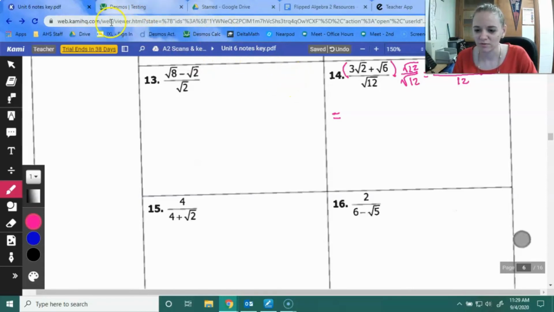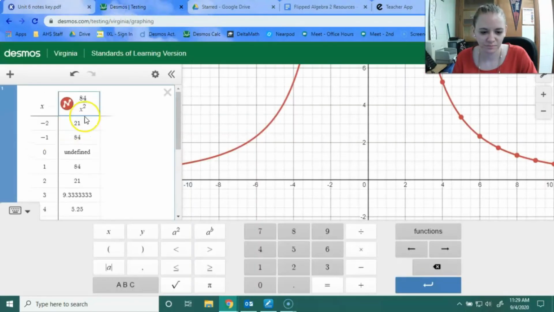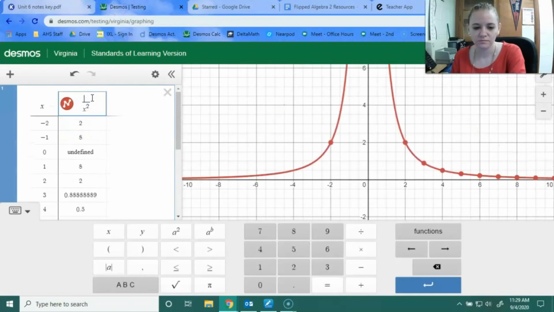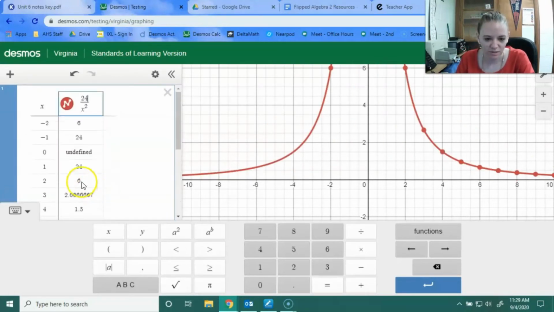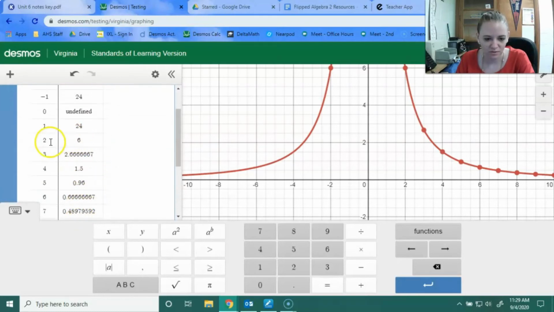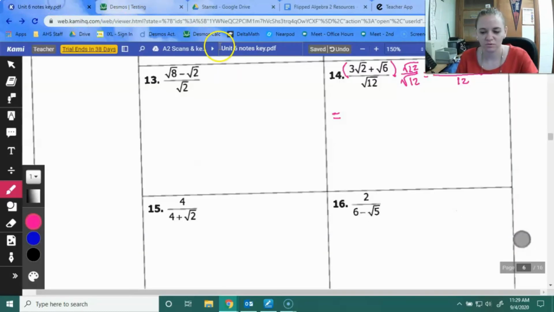So we're doing the square root of 24. Alright, we've got 2 and 6. Yeah, everything below this is decimals, so that becomes 2 radical 6.